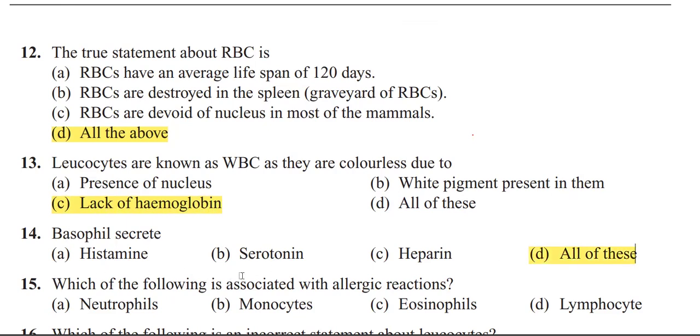Which of the following is associated with allergic reactions? Neutrophils, monocytes, eosinophils, lymphocytes. Neutrophils help in phagocytosis. Monocytes, phagocytosis. Eosinophils are associated with allergic reactions.